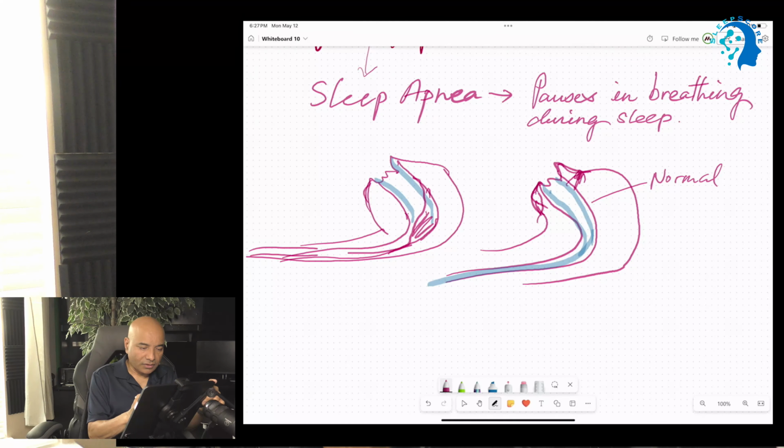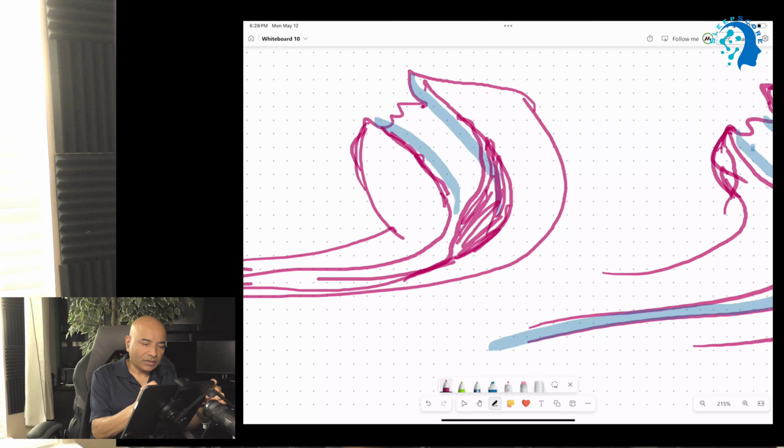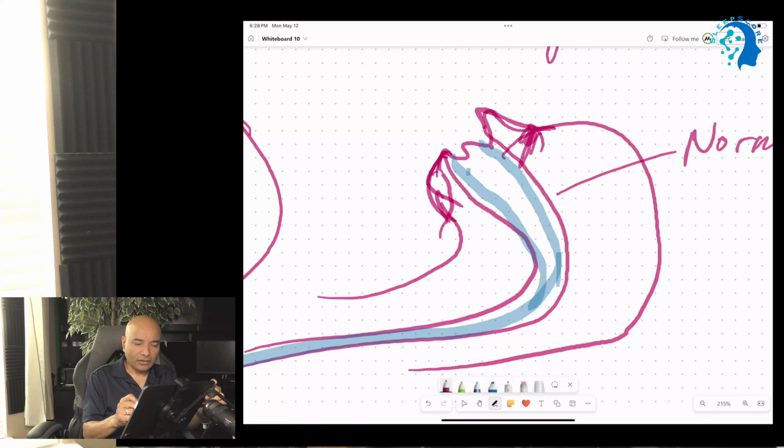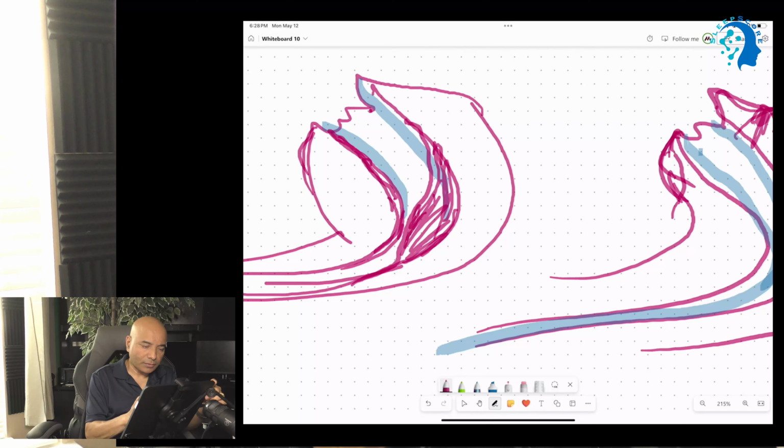Now the airways are blocked. You see, this is the tongue, it goes backward and blocks the airways. Here it is normal, no problem, right? He can breathe, but here, it is blocked. This part is blocked.